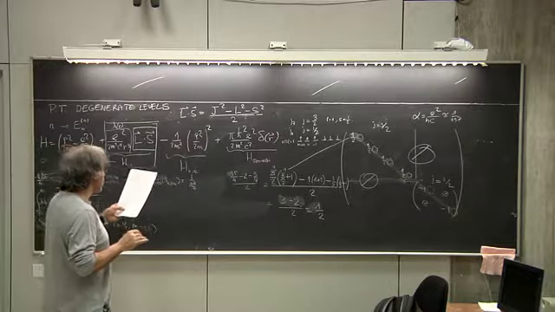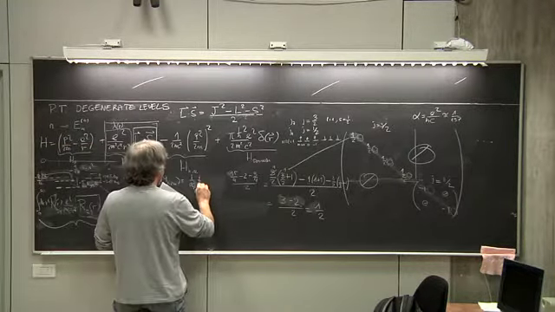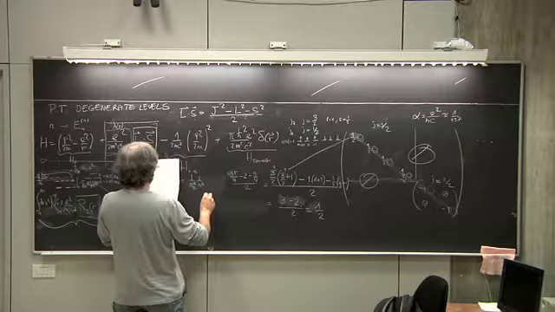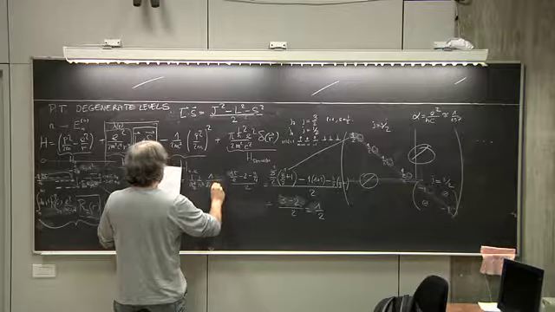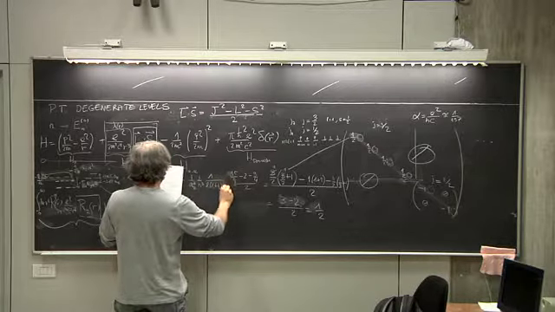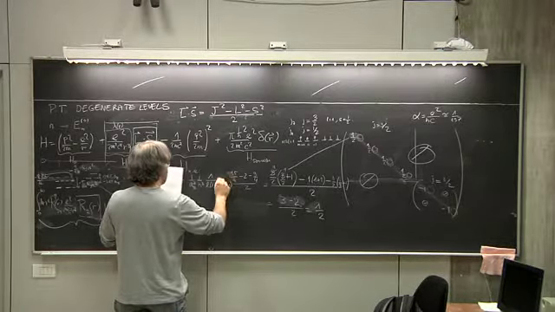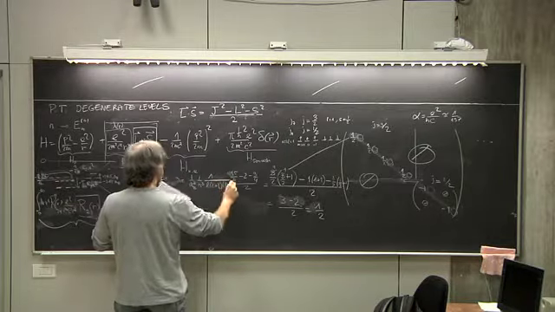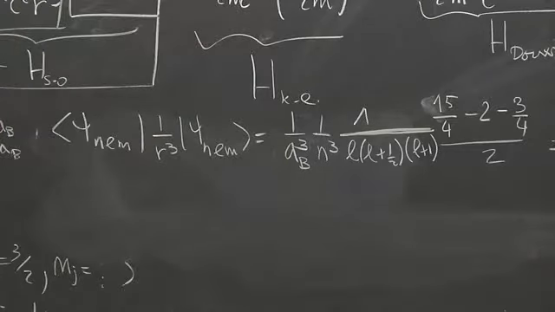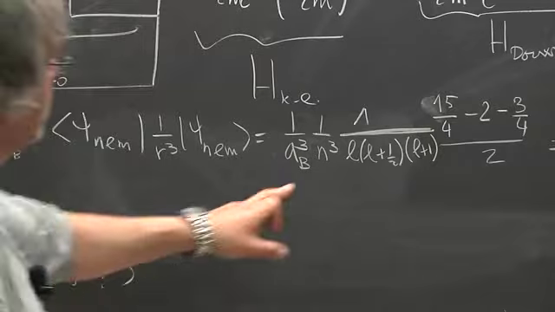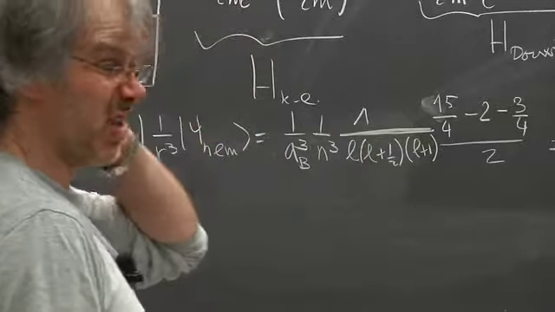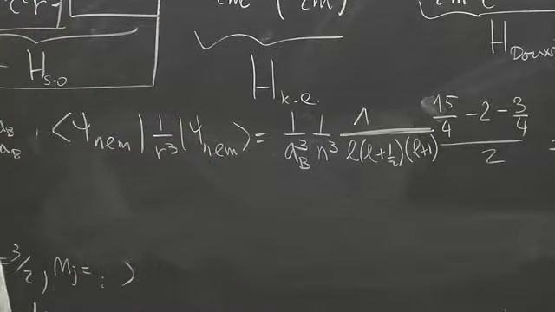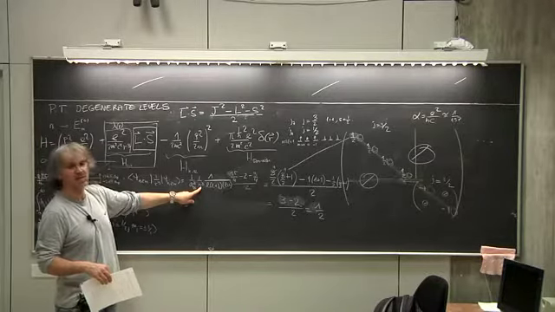Then you will have 1 over n cubed, 1 over L, L plus 1/2, L plus 1. For a general L. For L equal 1, you just calculate this is 1 times 2 times 3/2. And if n is equal to 2, this is another factor of 8.